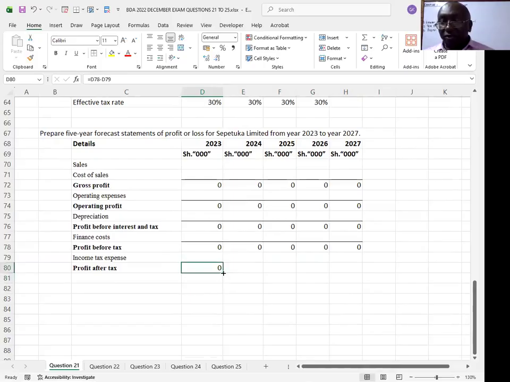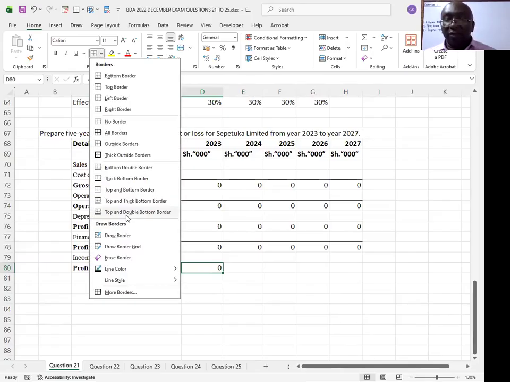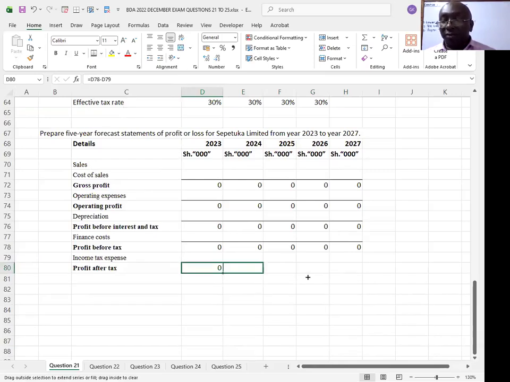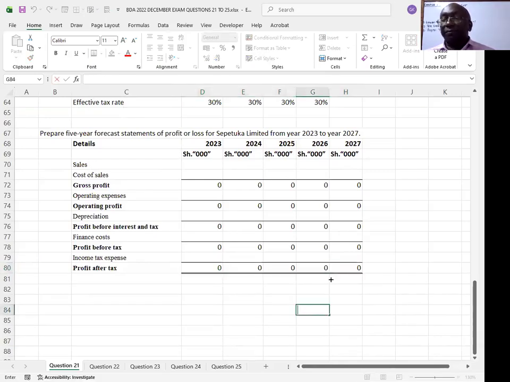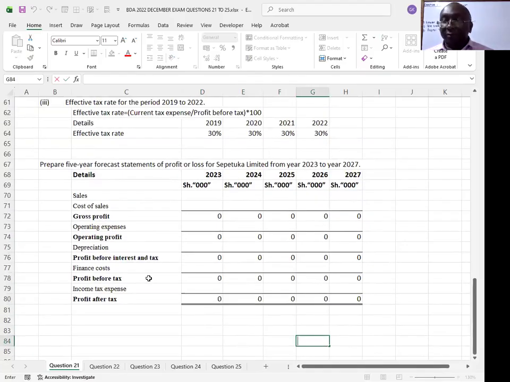Now this one we can give it top and double bottom. So turudi hapa kwa borders, utafute hii inaitwa top and double bottom. Top and double bottom border, that's what we do in accounts. Then you autofill. So we have now put the formulas there.